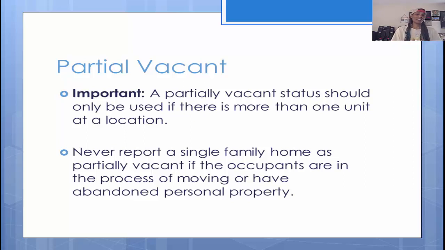A partially vacant status should only be used if there is more than one unit at the location. We're not talking about townhomes where they are connected together. That is considered a townhome, so that is a separate entity from the unit right next to it, and that's not considered partially vacant.